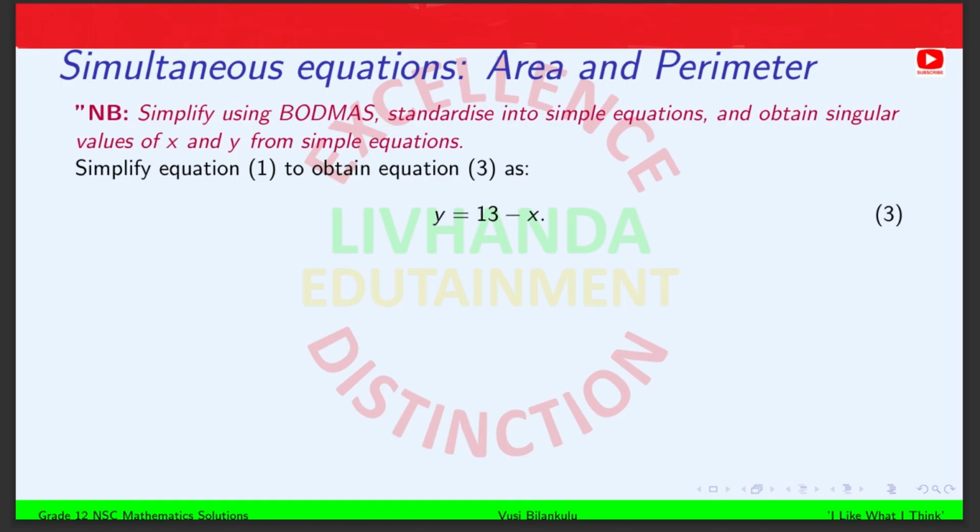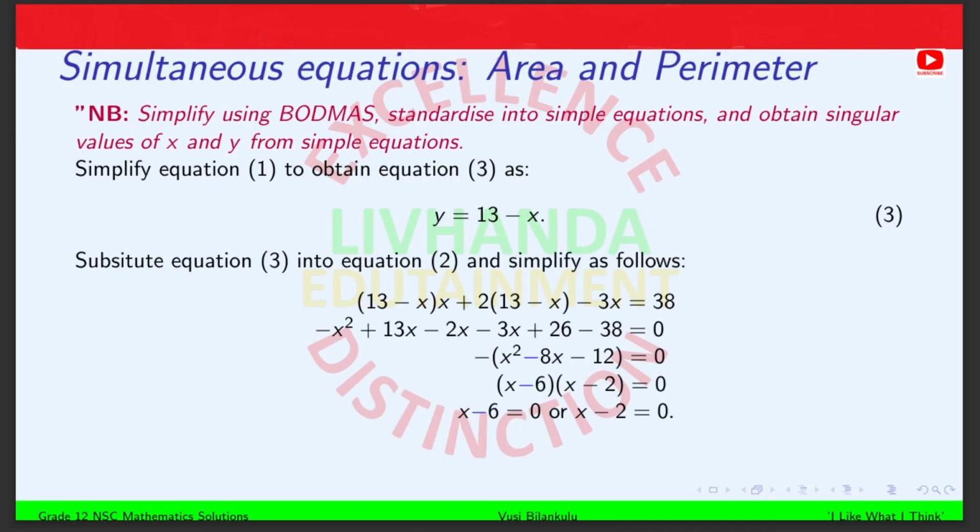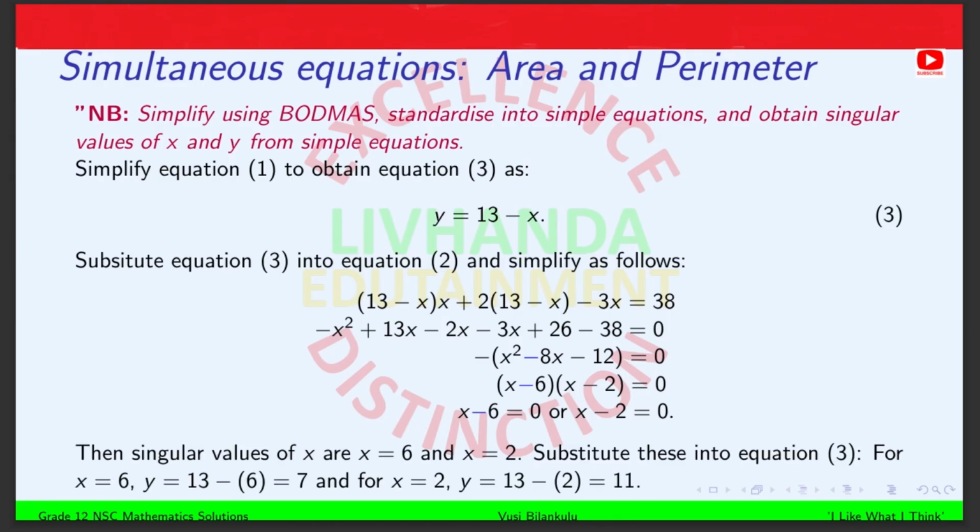Next, equation 1 is standardized to obtain an equation labeled number 3 as y equals 13 minus x. Now, substitute equation 3 into equation 2 and then simplify using the BODMAS rule to obtain two factors of a quadratic equation. These factors are x minus 6 and x minus 2, respectively.